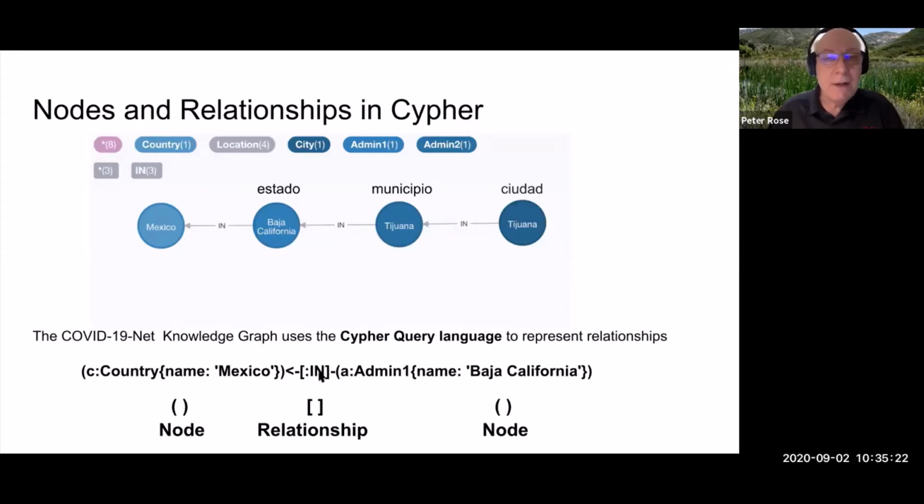Then we have a relationship in, and Baja California is in the admin 1 zone, and it is in the country of Mexico. In general, you will see this type of pattern where if something is in parentheses, those are nodes, and everything in brackets are relationships. That is how we represent data in a knowledge graph.